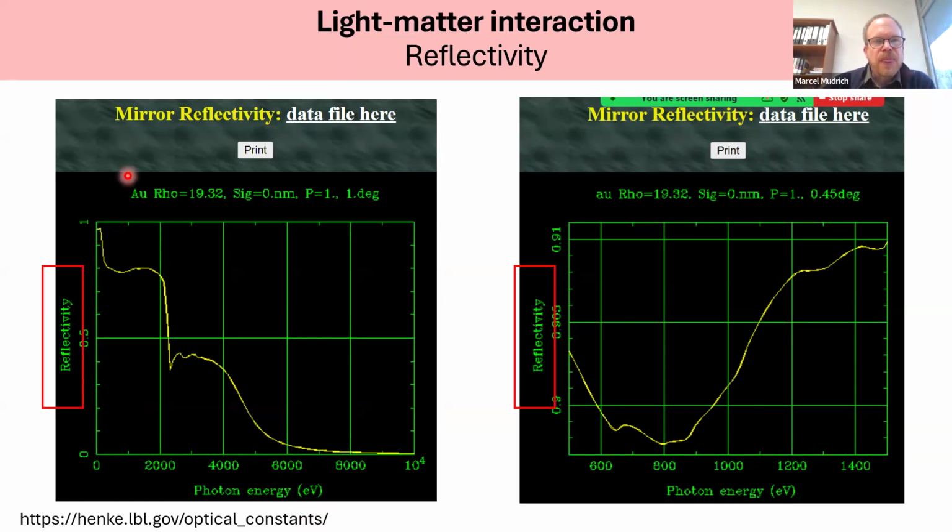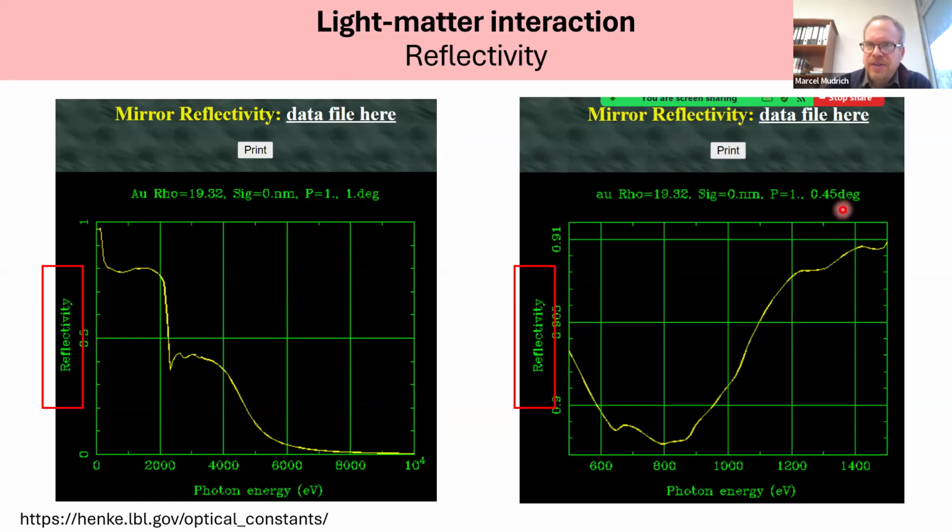And just an example for a gold surface placed at 1 degree, we can see that indeed for low photon energies, we achieve very high degrees of reflectivity. That would be the total external reflection regime. But then for the higher photon energies going towards hard X-rays, even at 1 degree of incident angle, a gold surface would not reflect anything anymore, right? The reflectivity goes down to 0.